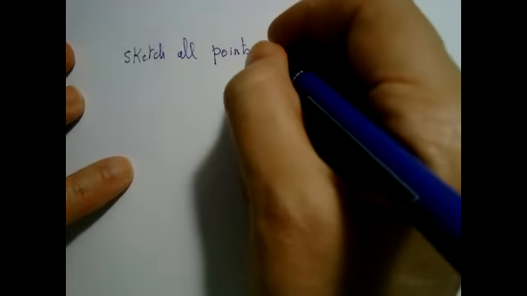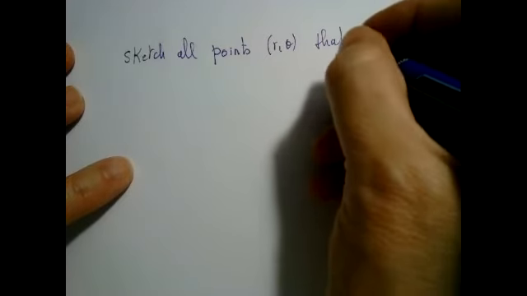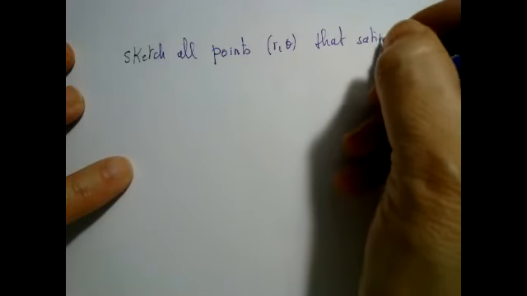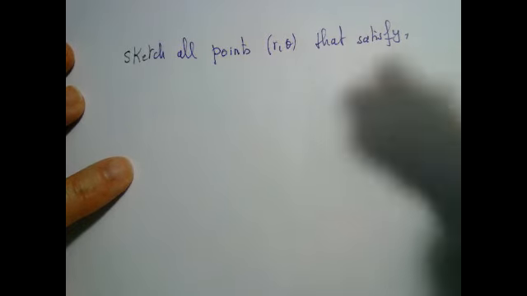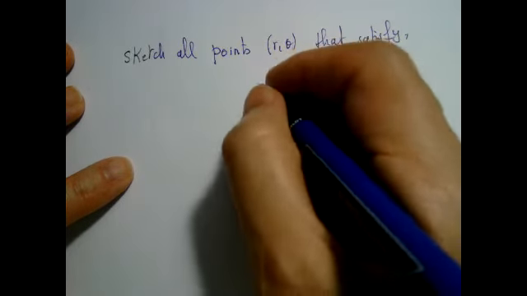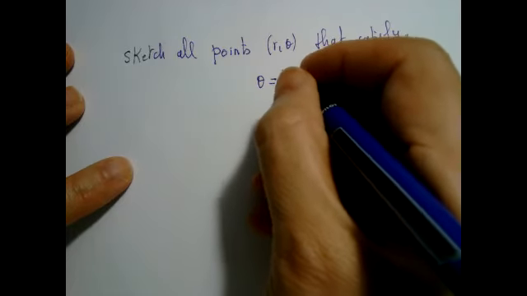So sketch all the points (r, theta) that satisfy the condition theta equals, let us say, pi over 3.